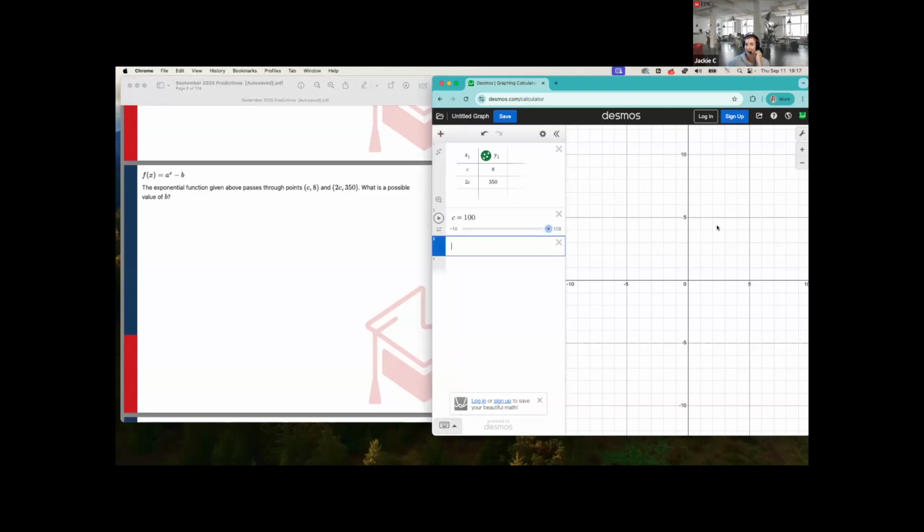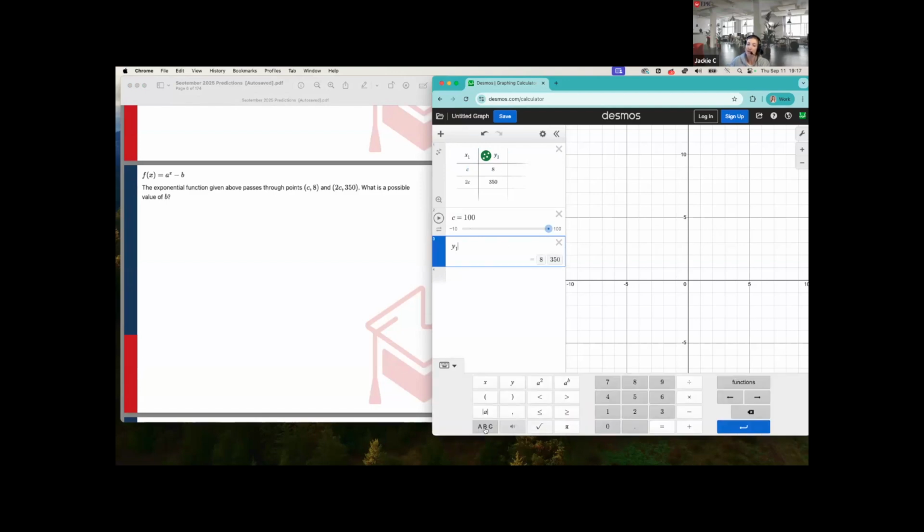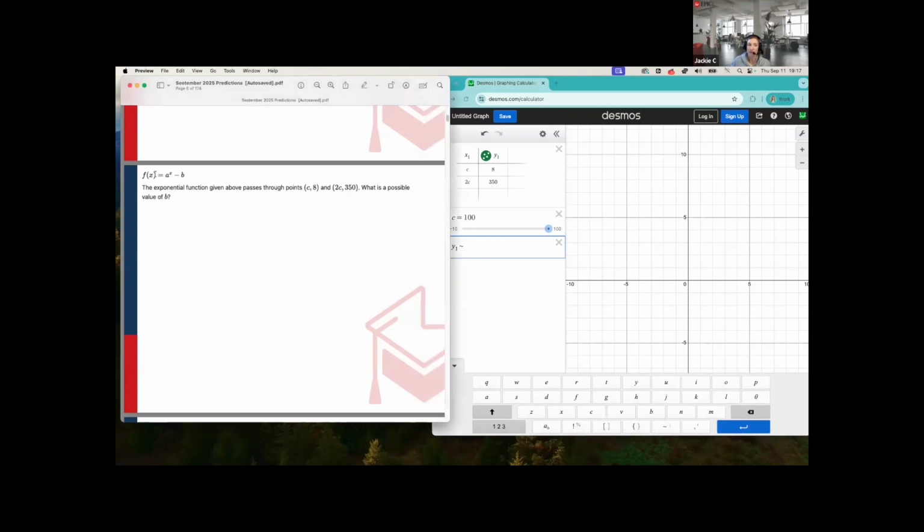And then I'm going to type in the function. So here I'm going to make a regression with a tilde. Why am I doing that? Because we have unknown parameters and we see I have variables like C here. I want to pull information from the table. So what I'm going to do is type in y1, then the tilde, and then we're going to type in this function here.